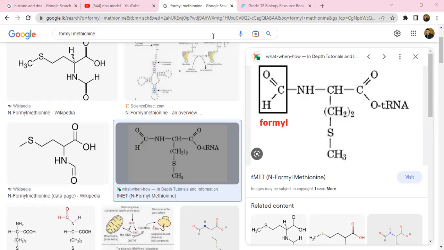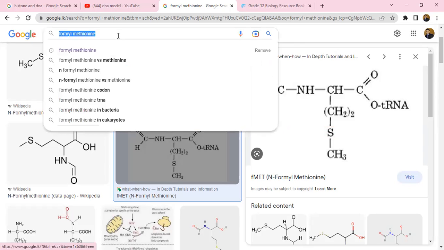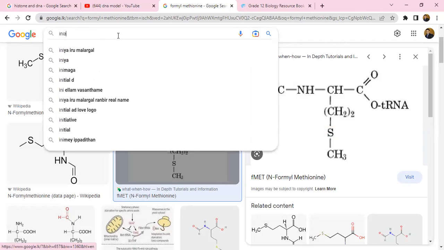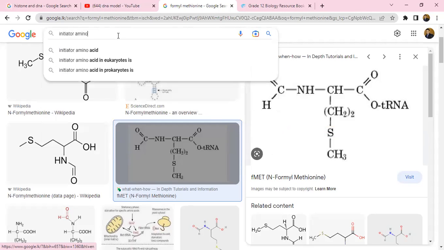Right? So both of them are sulfur containing amino acids. What is in the side chain? Sulfur. So methionine is a sulfur containing amino acid. Formyl methionine is also a sulfur containing amino acid. Both of them are initiating amino acids.